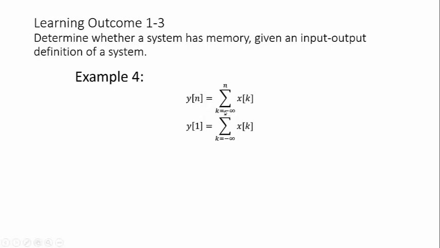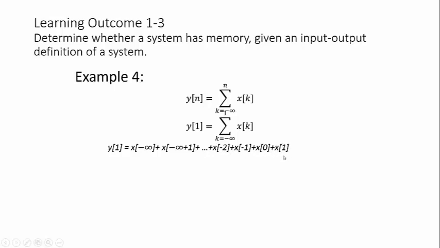Notice how we have this 1 replacing our n on the right side. This summation can be written out as y of 1 is from x of negative infinity, plus x of negative infinity plus 1, plus x of negative 2 plus x of negative 1 plus x of 0 plus x of 1.